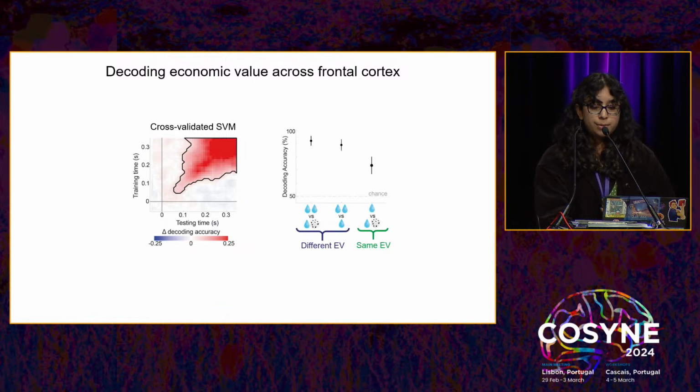Notably, we observed that the decoding accuracy was greater when distinguishing between stimuli with different EVs compared to stimuli with the same EV, indicating a neuronal representation of economic value rather than visual features of the abstract stimuli. Thus, population activity across frontal cortex distinguishes between stimuli corresponding to different economic values.